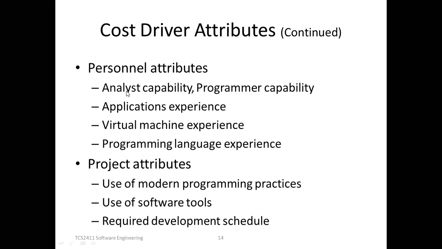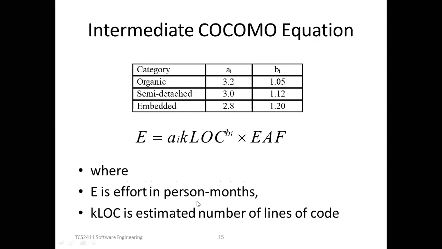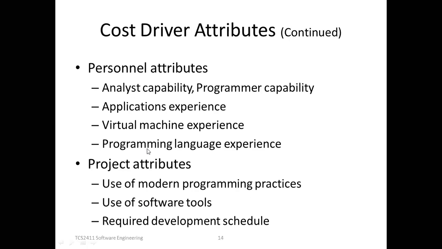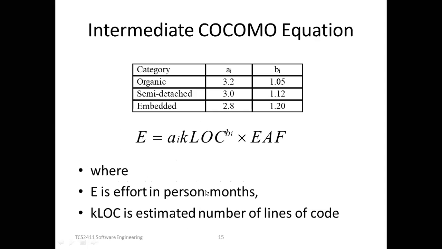Personal attributes include analyst capability, programmer capability, application experience, virtual machine experience, program language experience. And project attributes include use of modern programming practice, use of software tools, required development schedule. So you can see these are 16. 1, 2, 3, 4, 5, 6, 7, 8, 9, 10, 11, 12, 13, 14. Then there will be 2 more. So they are considering up to 11.